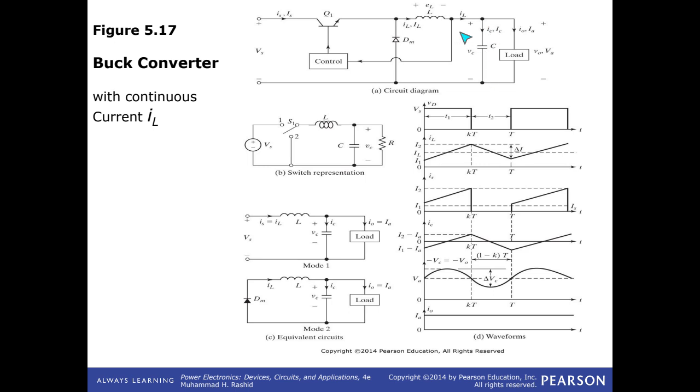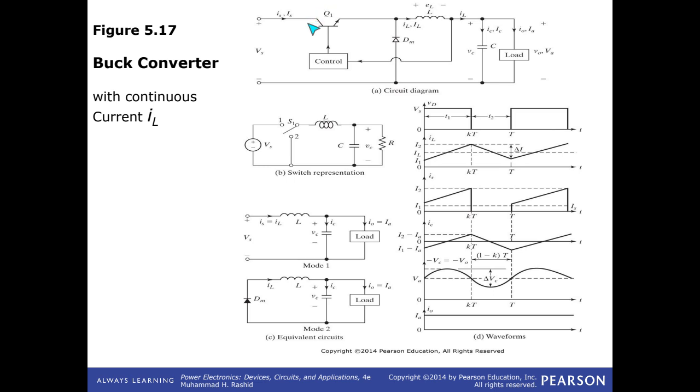And this inductance is generally in the series line. The purpose of the inductance is to keep the current constant, reducing the current fluctuations. Okay. And if you look at the main switch, you are going to see that it's either on or off.